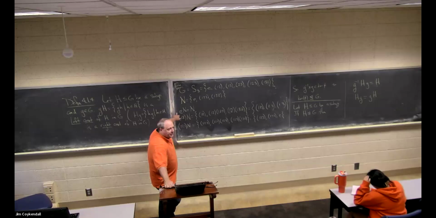Let me make another observation here. All, respectively right, cosets of H in G have the same hometown.